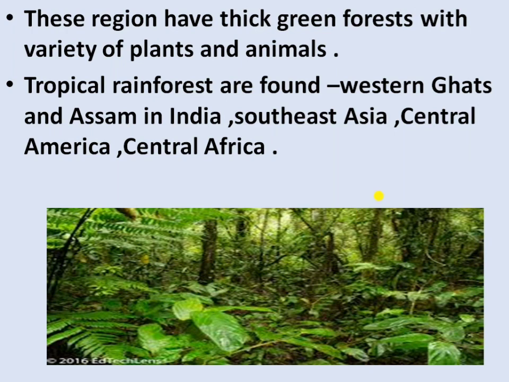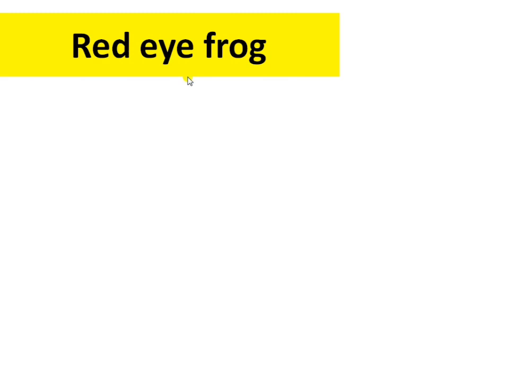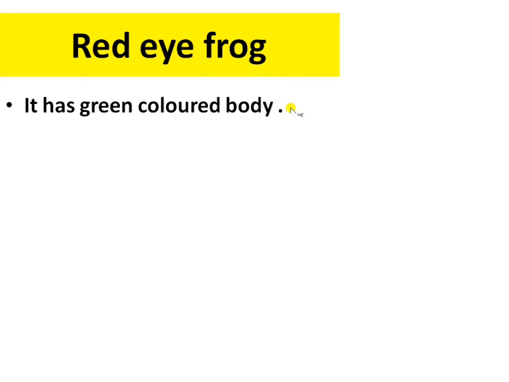Now we are studying the adaptations in animals living in the tropical rainforest. So the first animal is the red-eyed frog. Here it has a green colored body that merges well with the green color of leaves in the background.